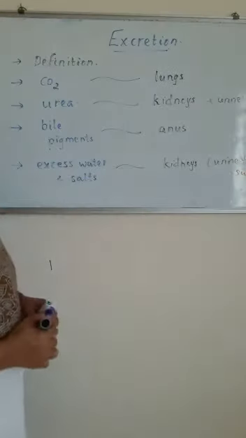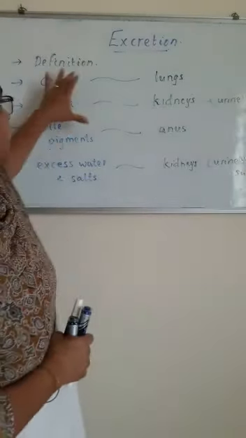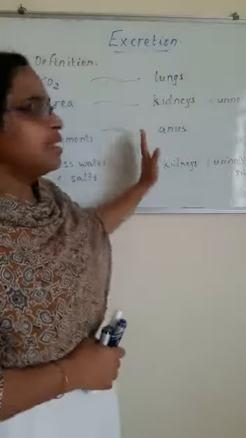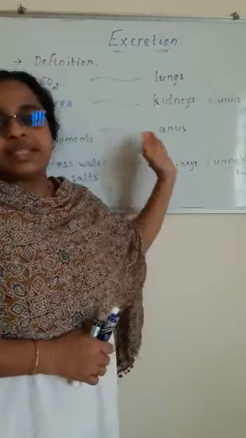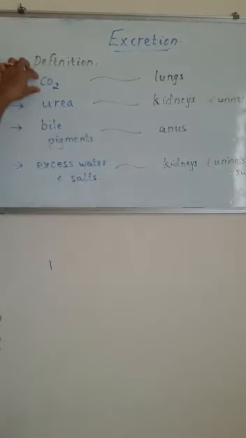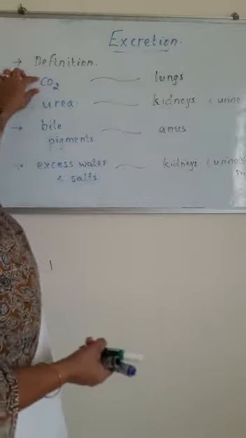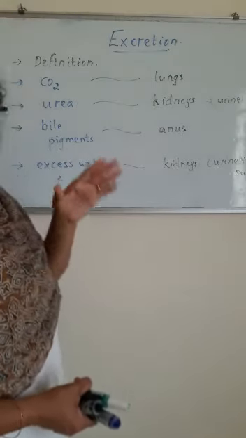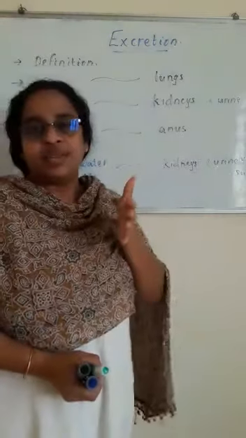Okay. So these things are the excretory products and these are the organs through which they are excreted. So hope you understood this one. Carbon dioxide is the result of respiration and urea is the result of protein metabolism.